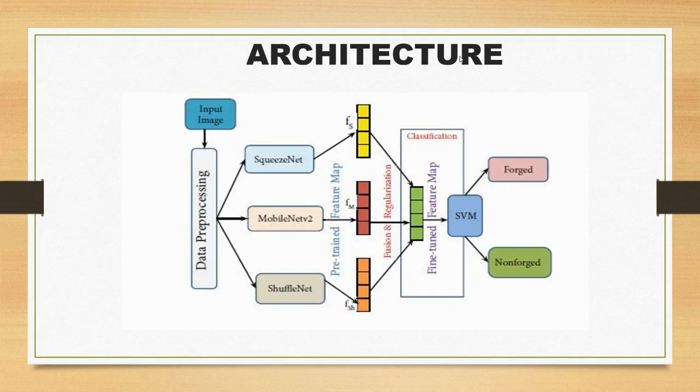Let's assume the first two algorithms give the output as forged, but the last algorithm gives not forged. SVM works on these outputs, takes the probability of forged, stores the mapping, and then we get the output as forged.